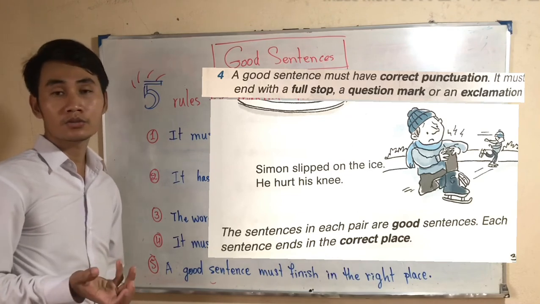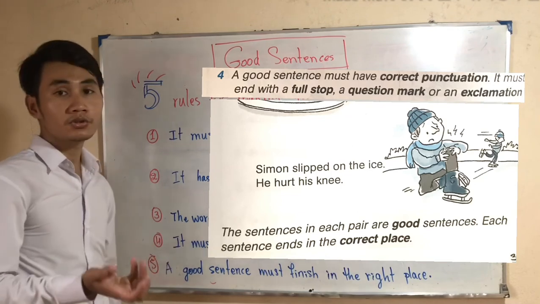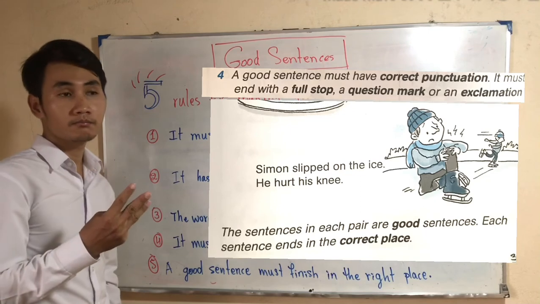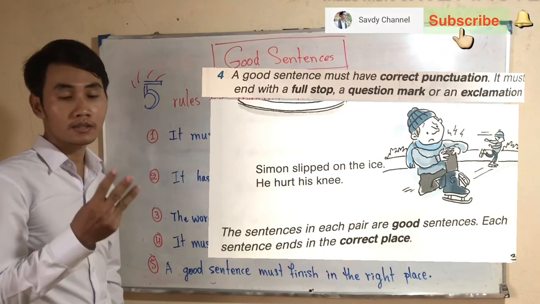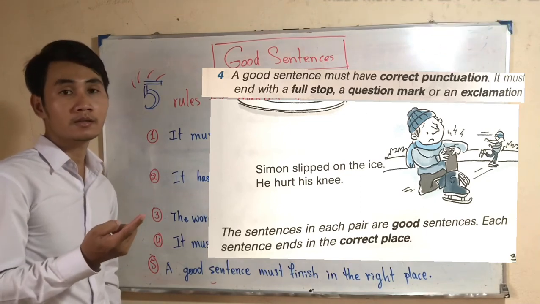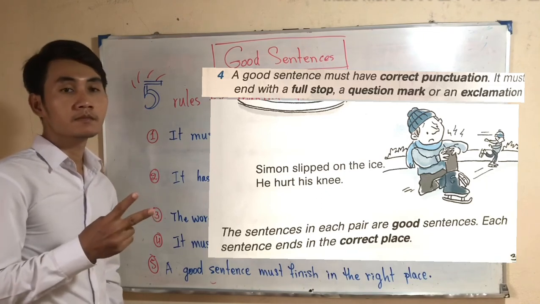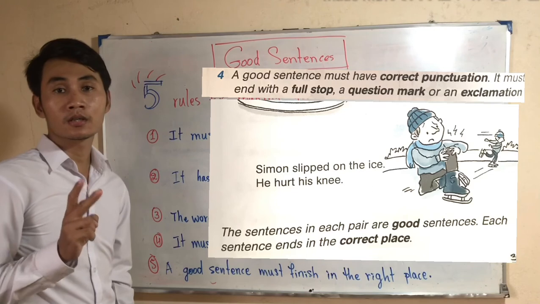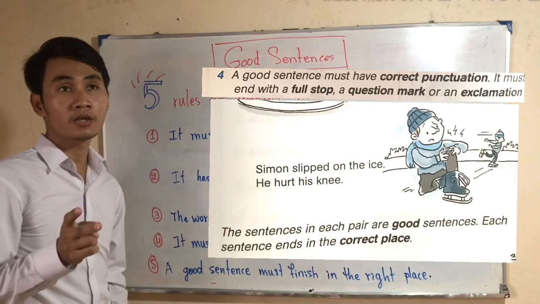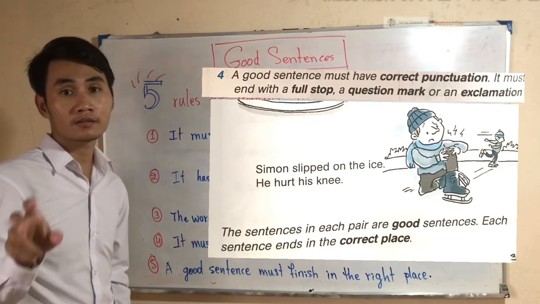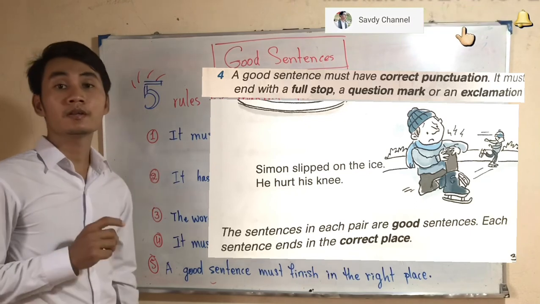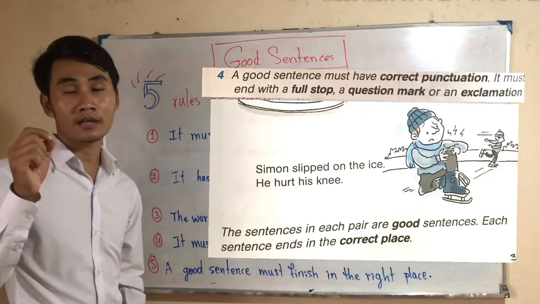Comma I haven't taught you more, but I taught you only three kinds of sentence. Number 1 is a simple sentence, where we use the period. The second is a question, where we use the question mark. Number 3 uses the exclamation mark.